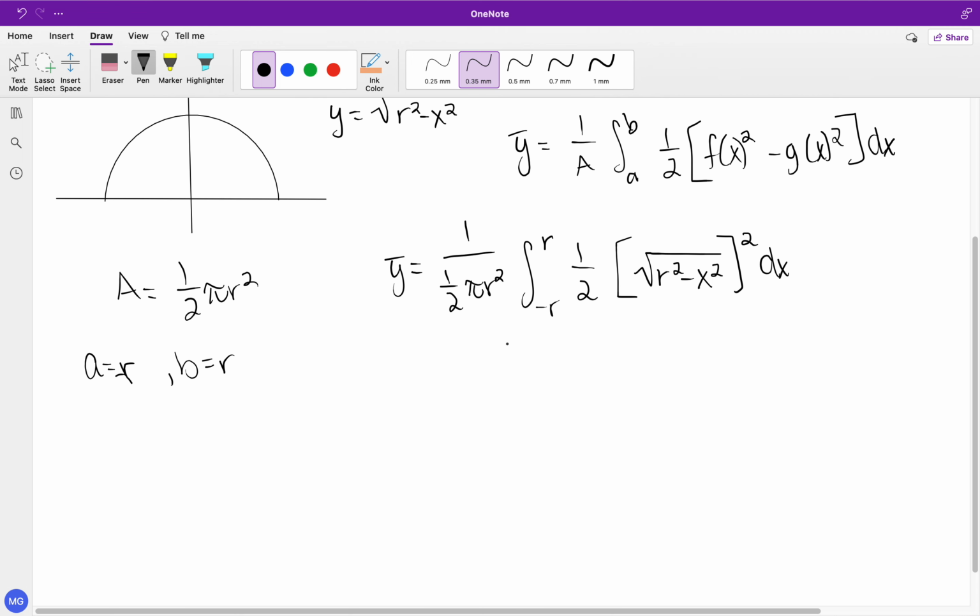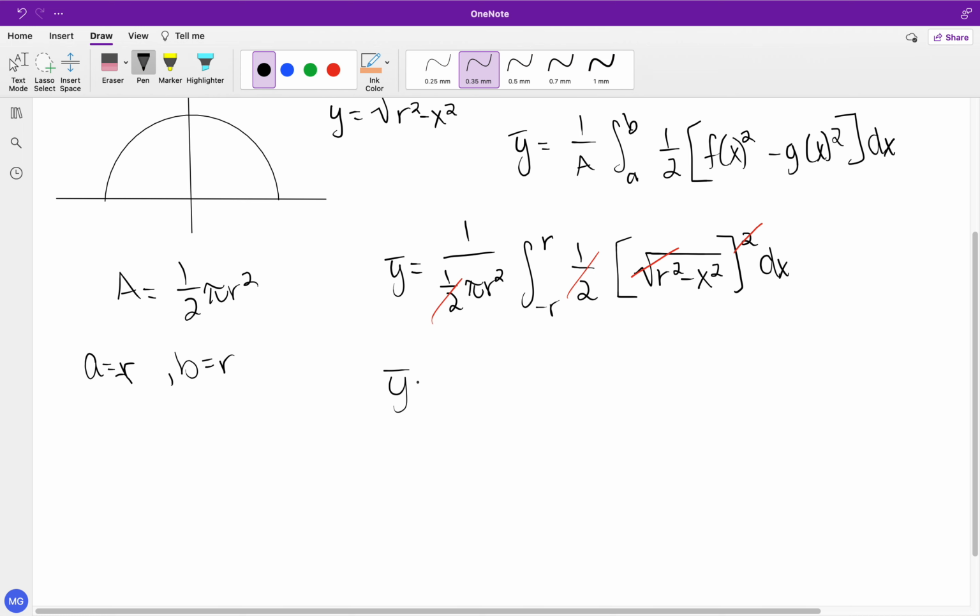We can bring the 1/2 outside of the integral, and that will cancel these 1/2s. And it works out nicely because the square root squared will just cancel out.